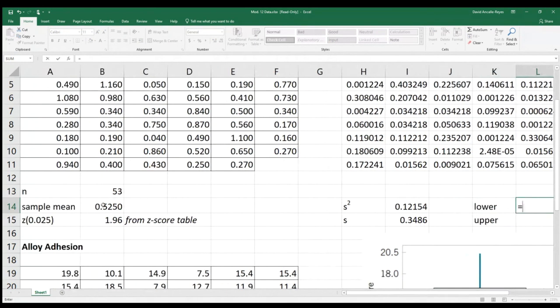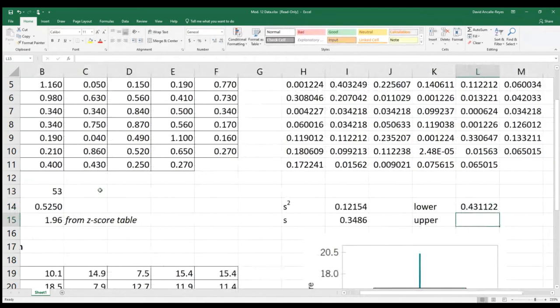For the lower limit, I have my sample mean minus my z-score times the sample standard deviation divided by the square root of the number of observations. I get about 0.4311.